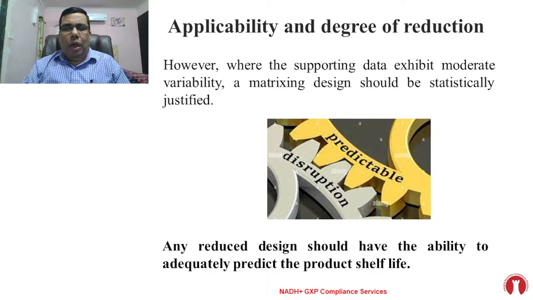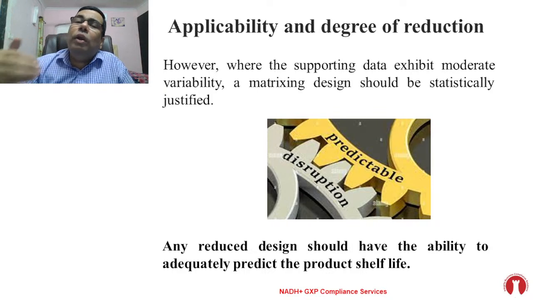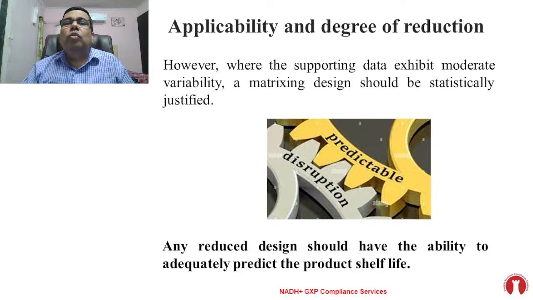When you are evaluating the data and you come to know that there is moderate variability, somewhat more variability, then you need to evaluate the matrixing design based on some statistical approach. Then only you should follow the matrixing design. But if there is very little variability, then definitely you can follow the matrixing approach.